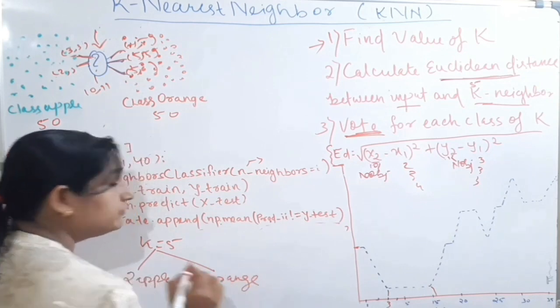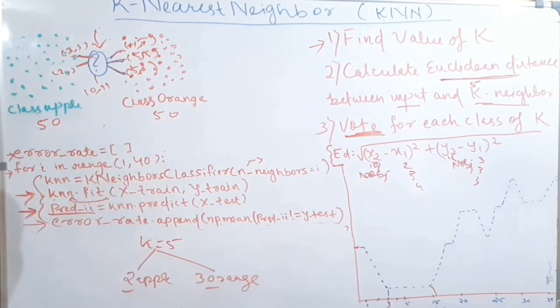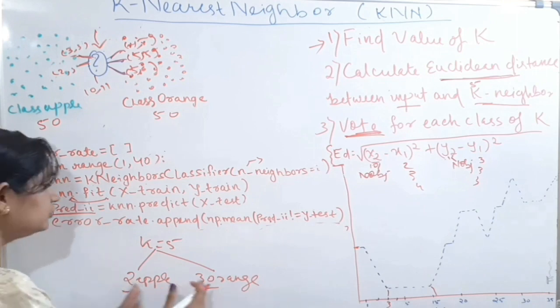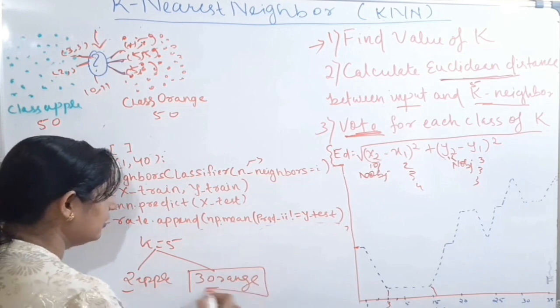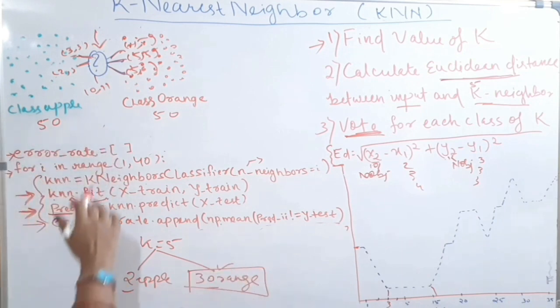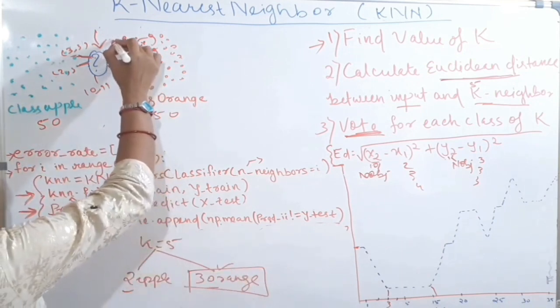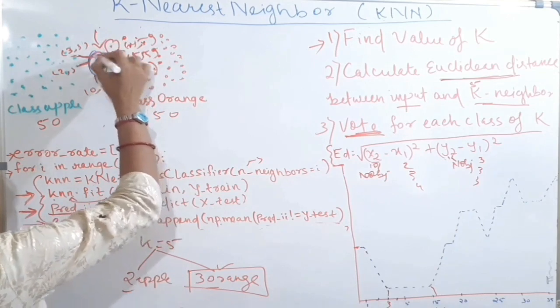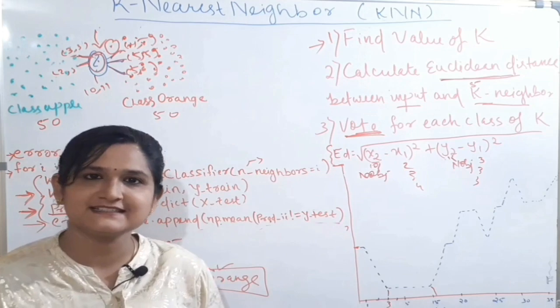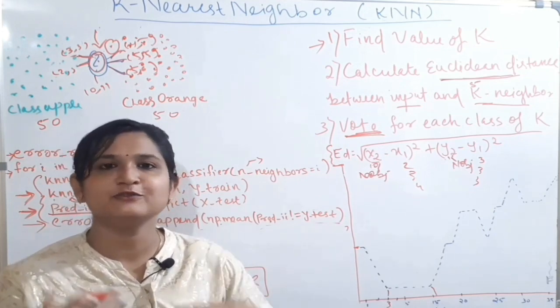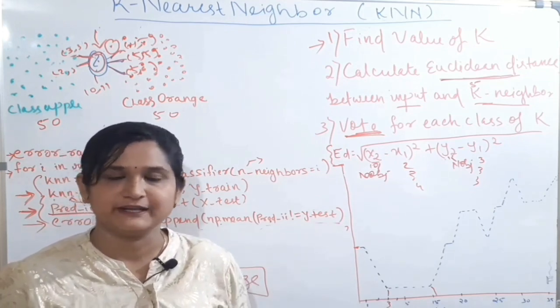It will go for voting, and which one wins? The majority is orange, 3 against 2, so orange wins and this new object belongs to the orange class. In this way the algorithm decides which class a new object belongs to.